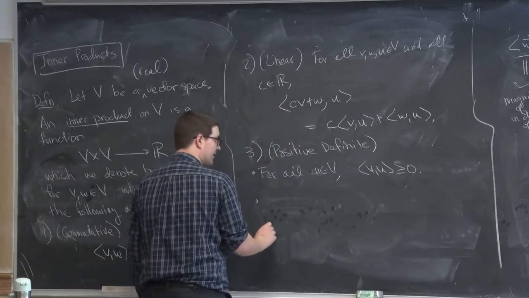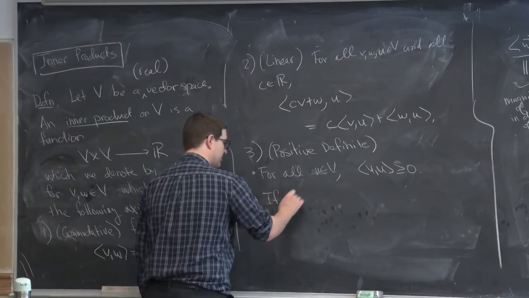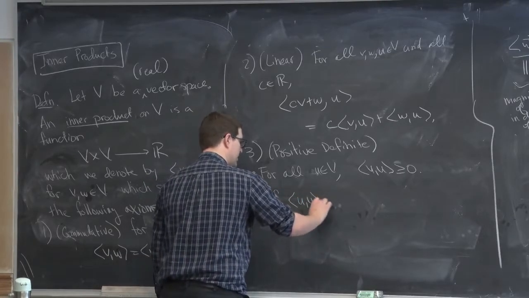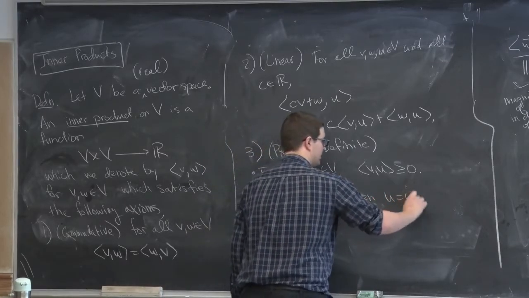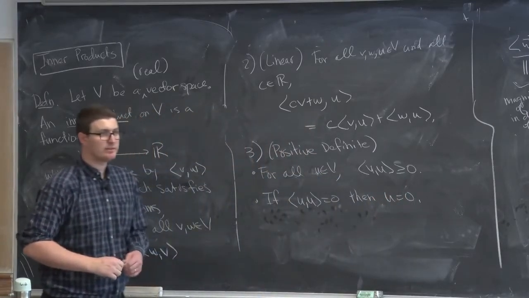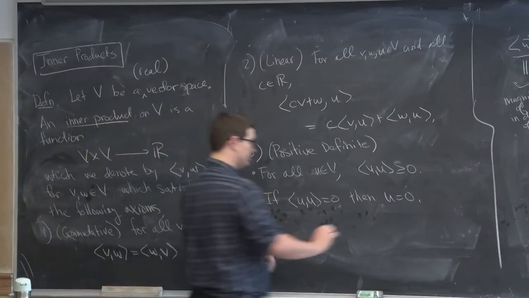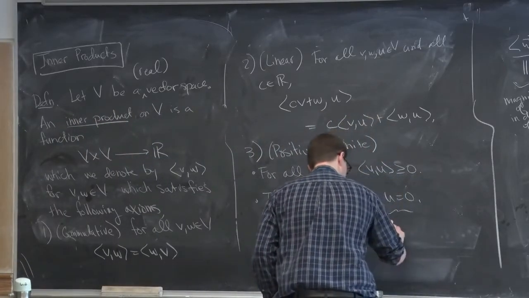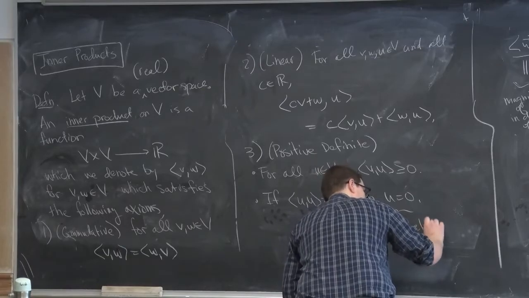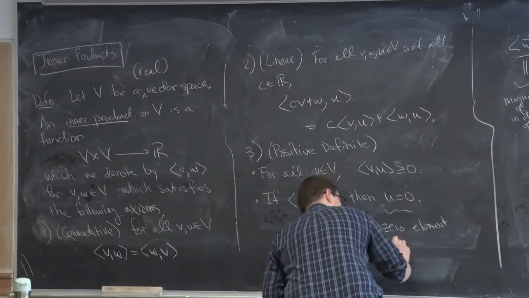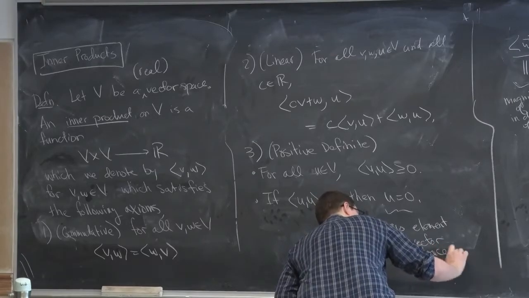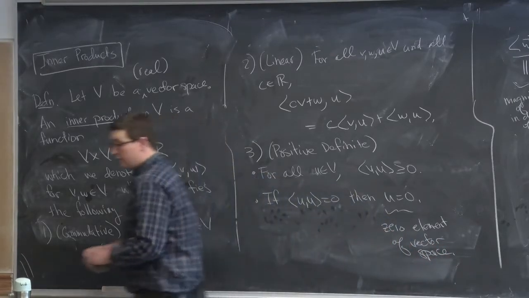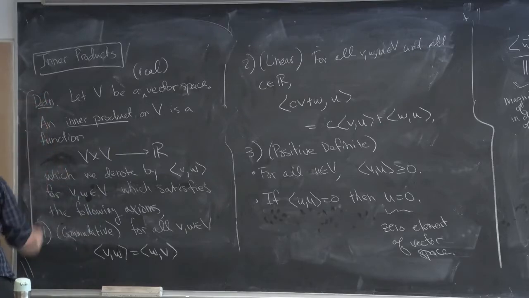And the other is that if the inner product of U with U is equal to 0, then U is equal to 0, the zero element of the vector space. Okay, so this is what an inner product is.